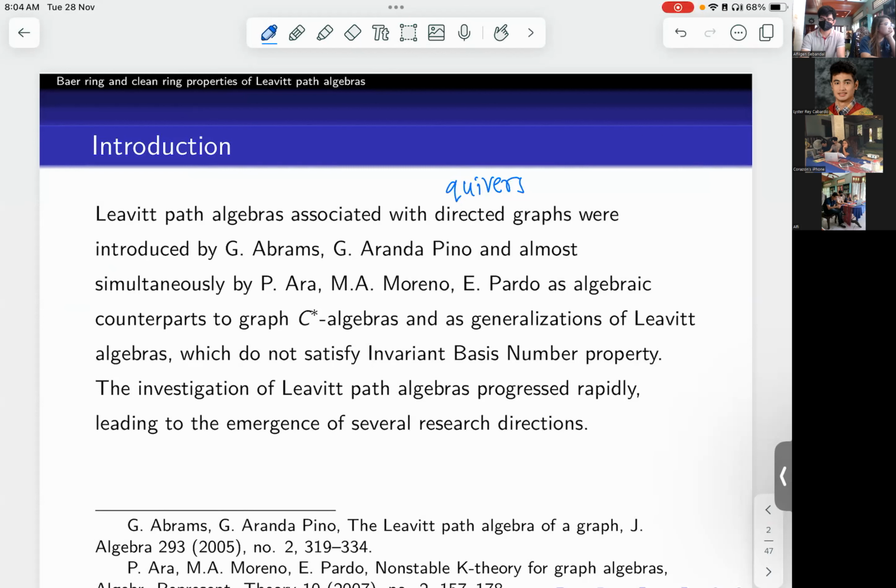So Leavitt algebras were defined in the 1960s, but the interest in these rings came about in 1980 when a similar structure was found in functional analysis, called graph C-star algebras, and they were again brought back into the algebraic avenues through the Leavitt path algebras. They were introduced in 2005, and it's now close to two decades, and the Leavitt path algebra is a very hot research topic.